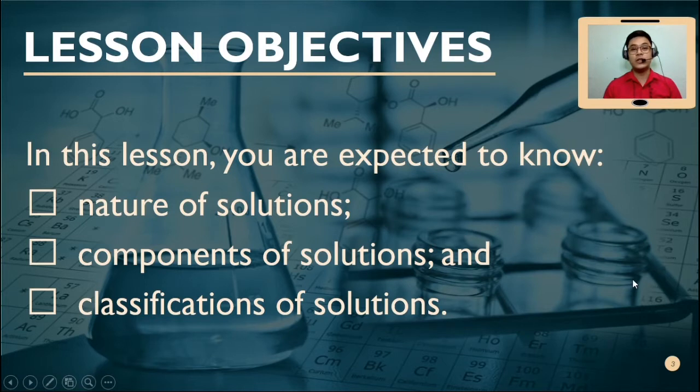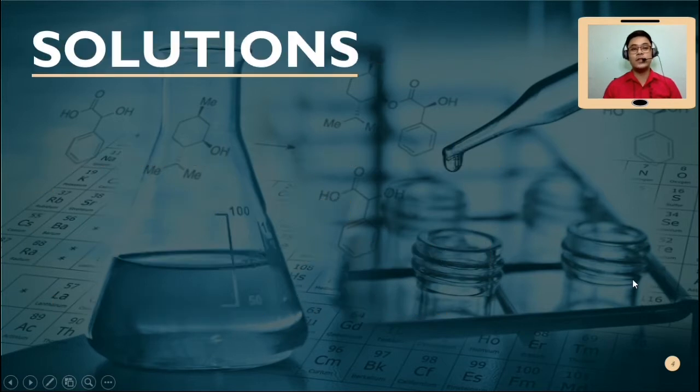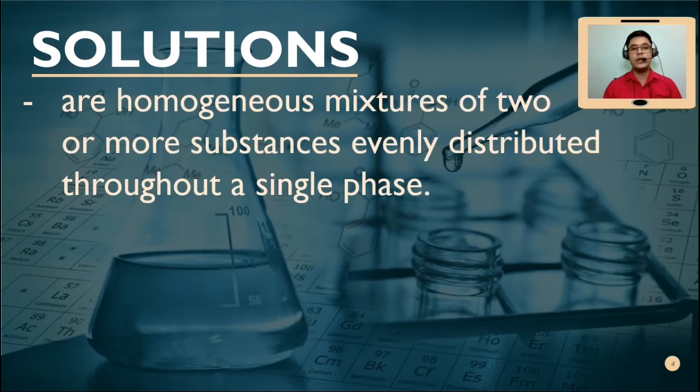And for the introduction, let us have first the definition of solutions. So what is a solution? Solutions are homogeneous mixtures of two or more substances evenly distributed throughout a single phase. So take note of the words homogeneous mixtures. As you can recall in your Chemistry 1, we tackled there the different types of mixtures.